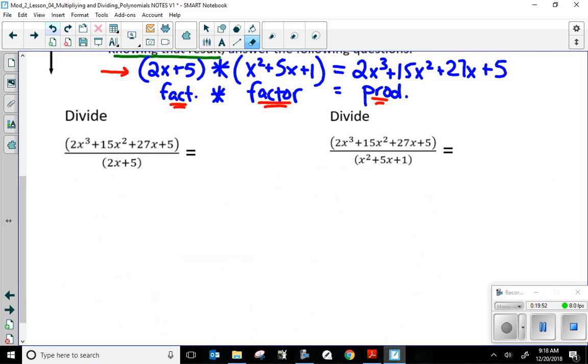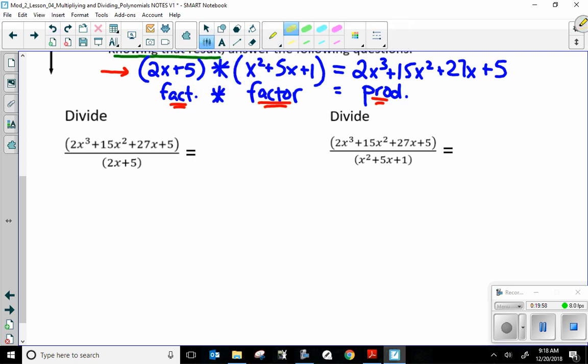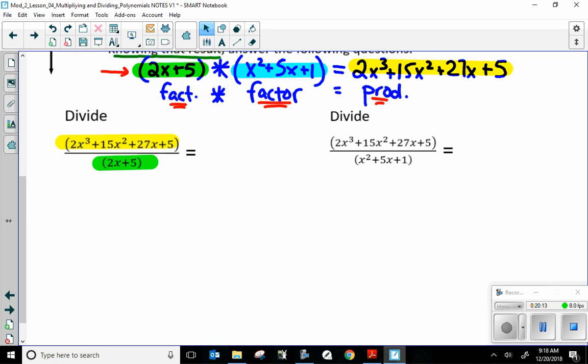Okay, gone. So if I take highlighters, the product. Isn't this the product here? It certainly is. And I divide it by one of the factors. The answer should be the other factor. And it is. Okay?